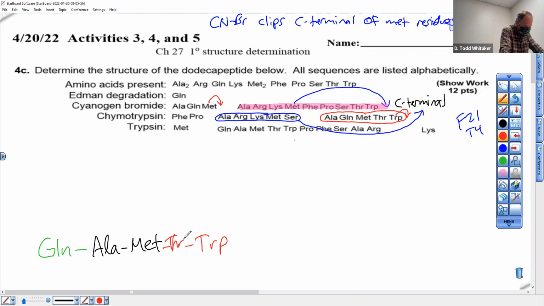And Pro has to go here. You know how I know? It's either Phe-Pro or Pro-Phe, this is just random. These two. How do you know it has to be there? Hey guys, it has to have Phe at the end, doesn't it?